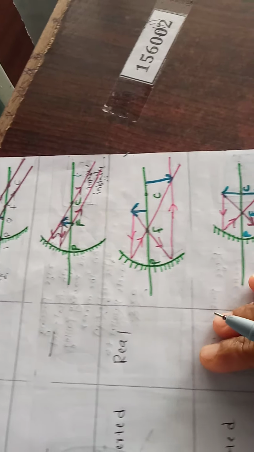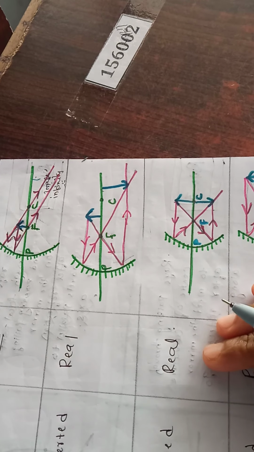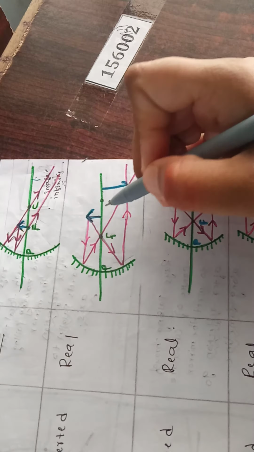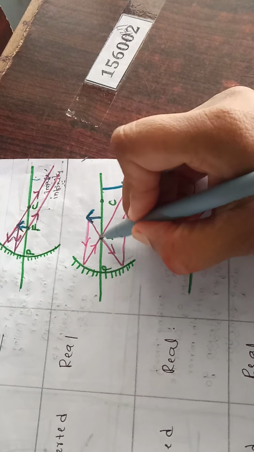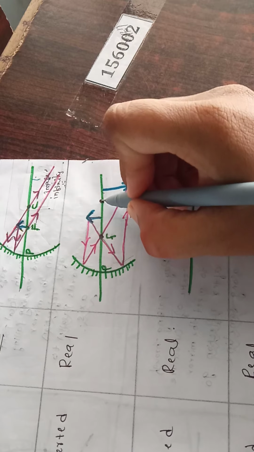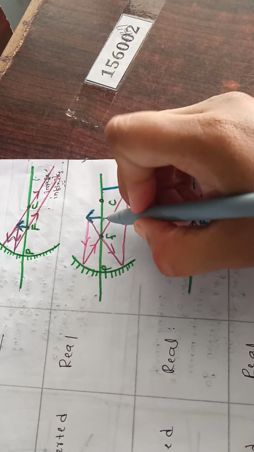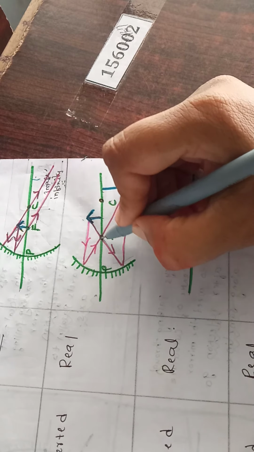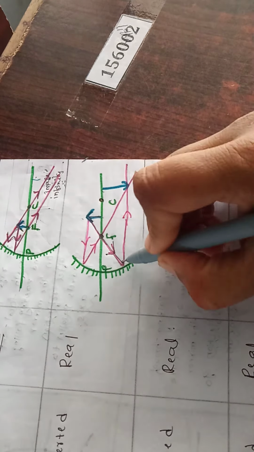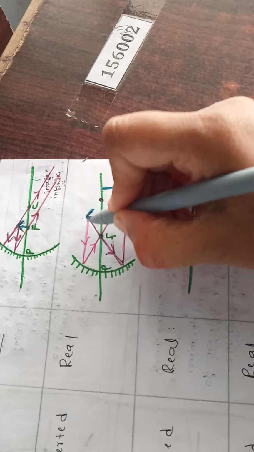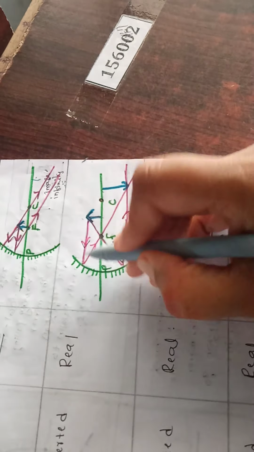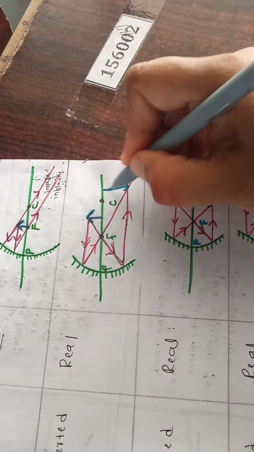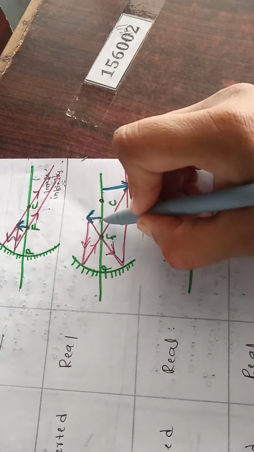Now next, let us see what happens when the object is placed between principal focus and center of curvature. Now I kept the object between principal focus and center of curvature. Now these are the incident rays. Now these rays after incident on concave mirror are reflected in such a way. Now here we got the image of this object.